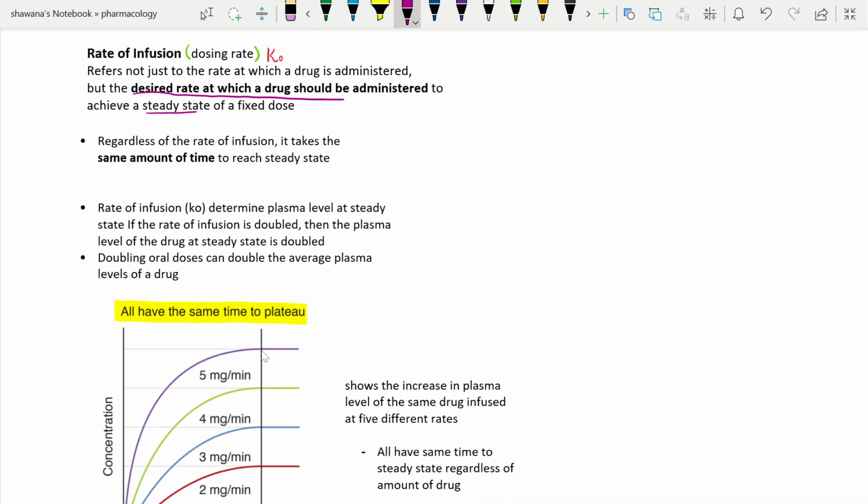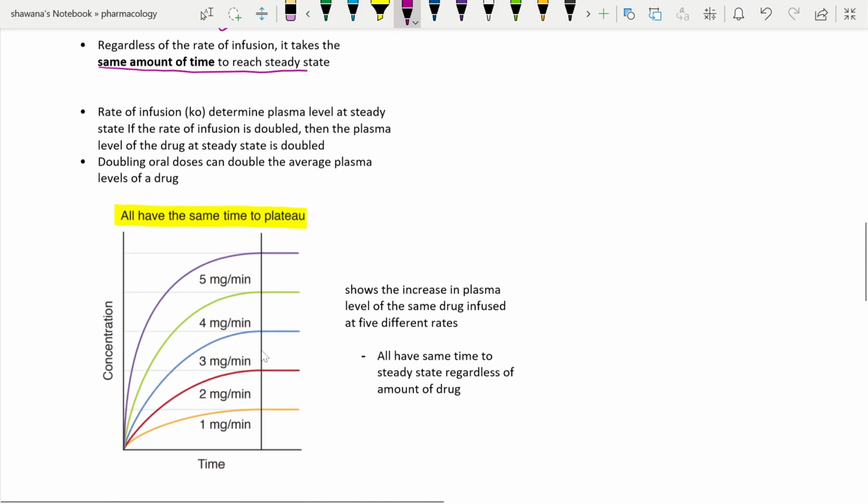But there is a scenario that regardless of the rate of infusion, it takes the same amount of time to reach the steady state. What does it mean? It means that regardless of the rate of infusion, okay, if we are infusing 1 mg per minute, 2 mg per minute or 5 mg per minute, they all take the same amount of time to reach the clinical steady state.